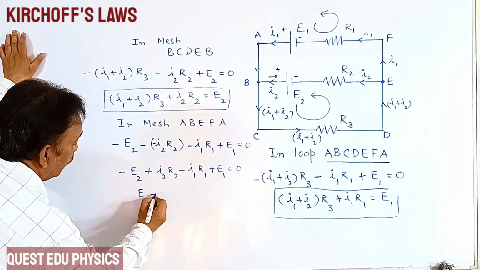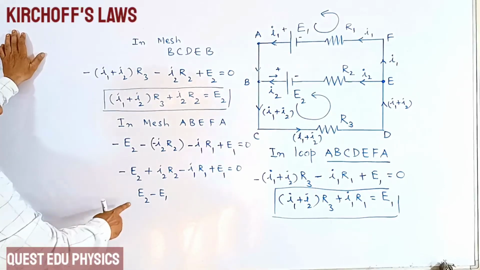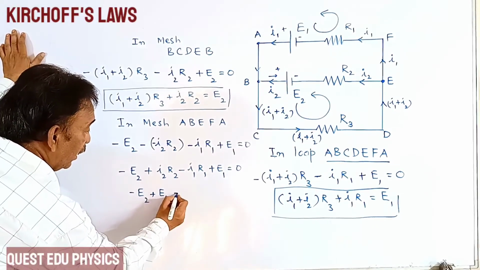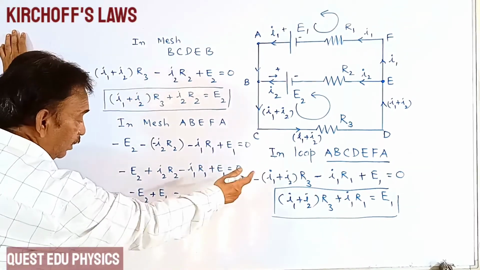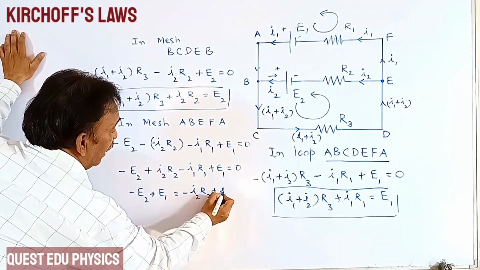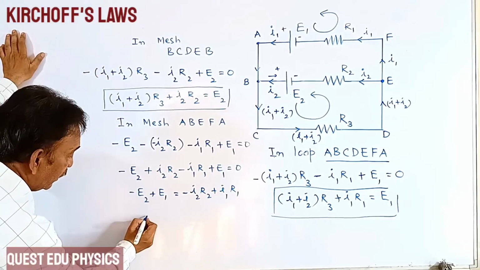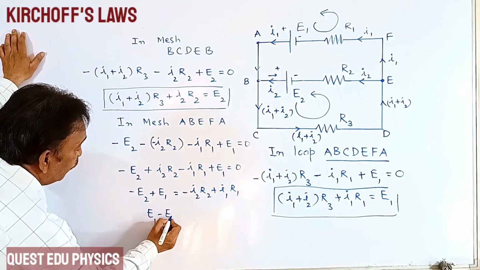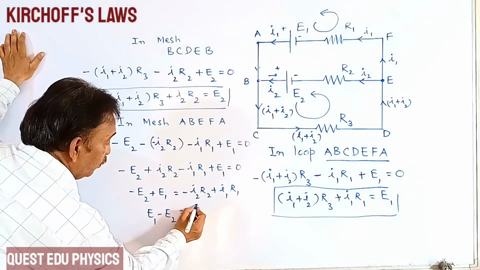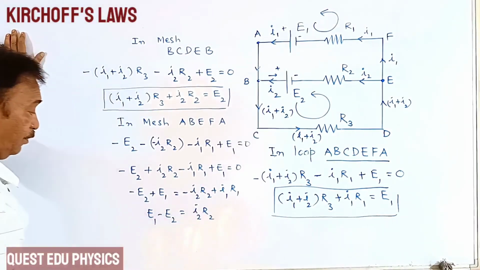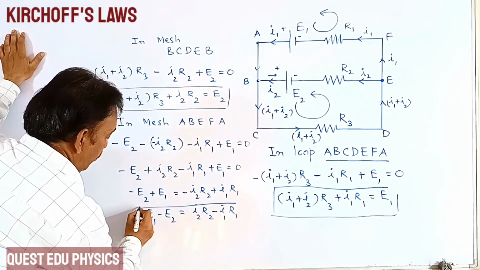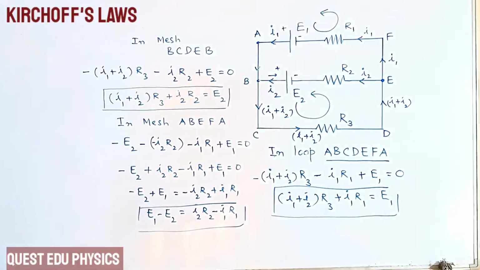Taking this to the other side, E2 minus E1 is equal to I2 R2 minus I1 R1. This is the equation we need to use.